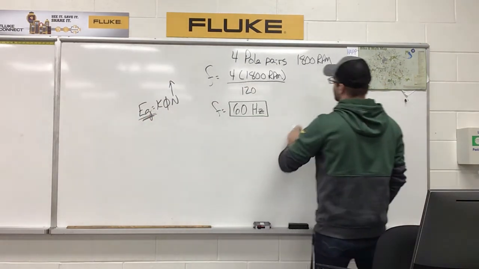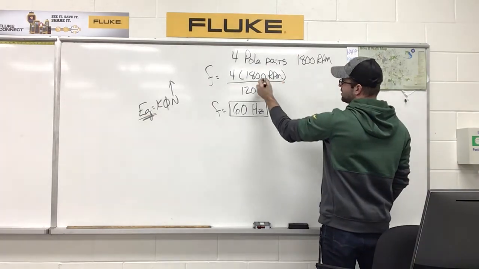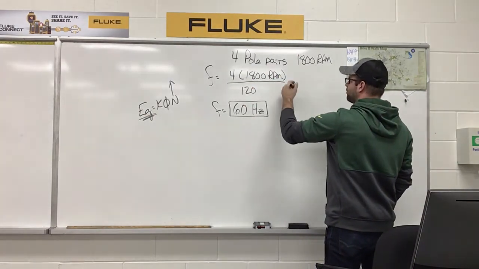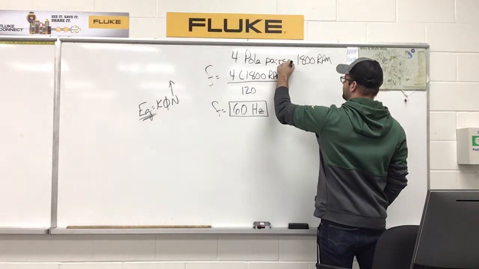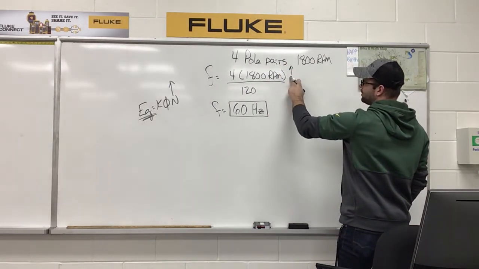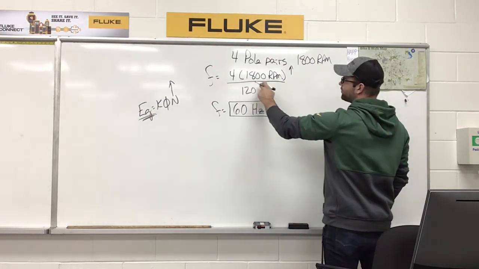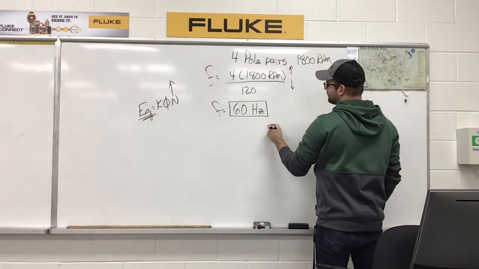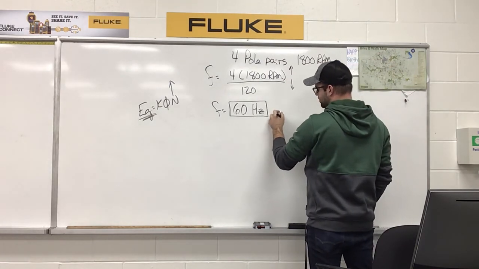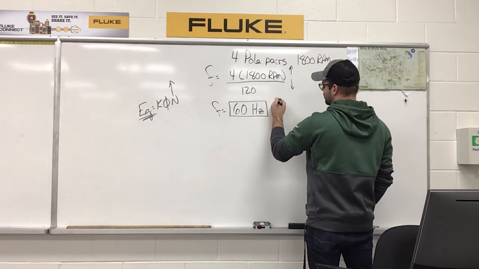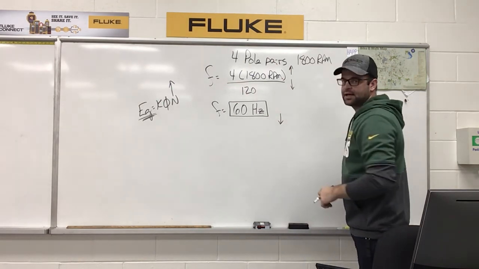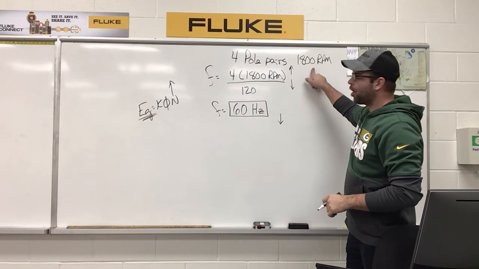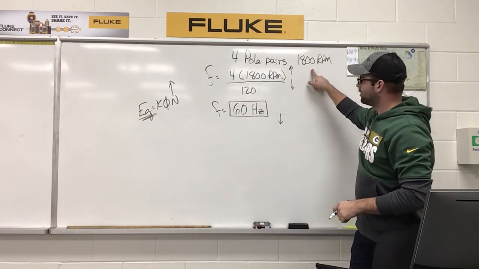We also see that as speed changes, because it's on the top, it's the numerator in the formula, if that value goes up, my frequency is going to go up. If the speed goes down, then my frequency is also going to go down. So frequency will be dependent on what the speed of the prime mover is.